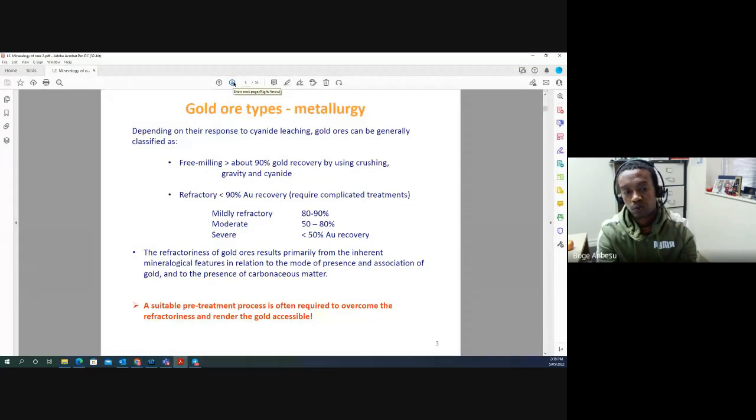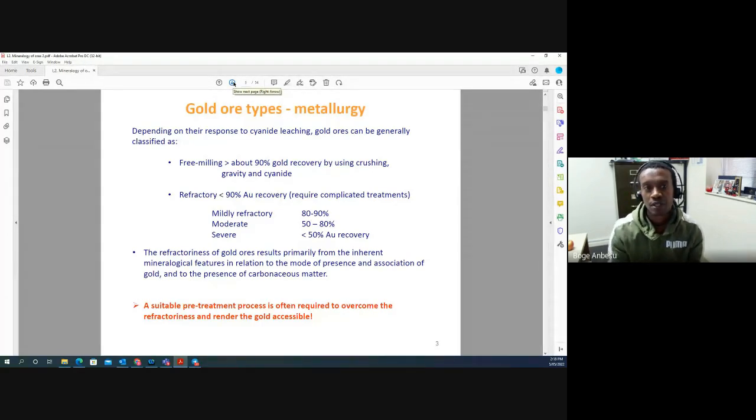If, for example, you use a typical process involving gravity concentration and cyanide leaching, and you recover, say, greater than 90% of the gold, then essentially you have what we call free milling gold, so easy to process gold. If recovery is not quite high, for example, if the recovery you get using a standard gold cyanidation process is less than 90%, then we say it is a refractory gold ore.